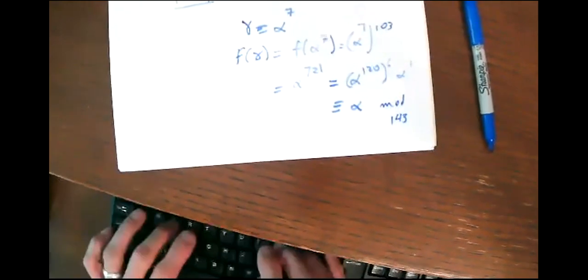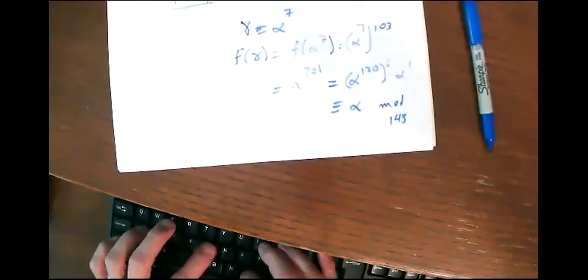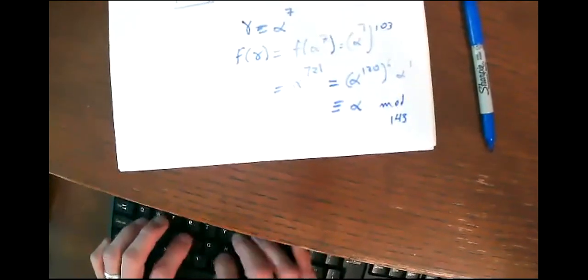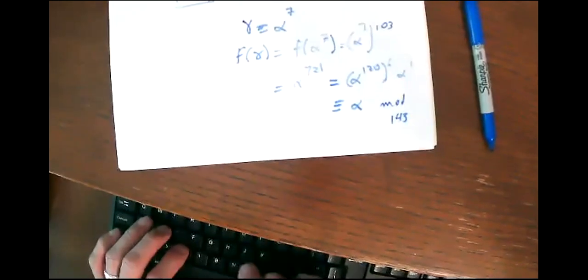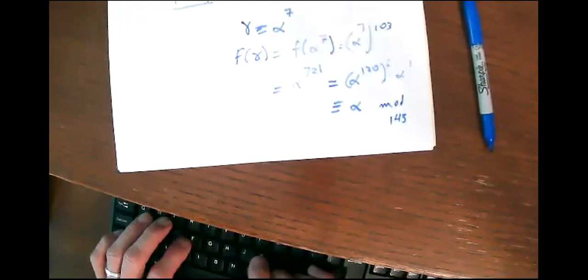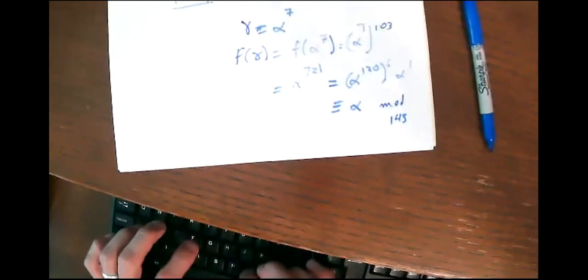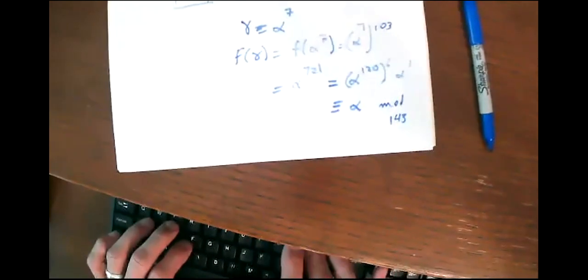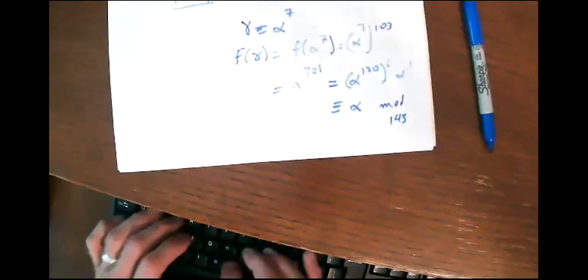I'll take the sequence of the 103rd powers of all the gammas. Oh, sorry, not big numbers. I just want to reduce them modulo 143. And I'll do that for every gamma in this sequence of encrypted symbols.